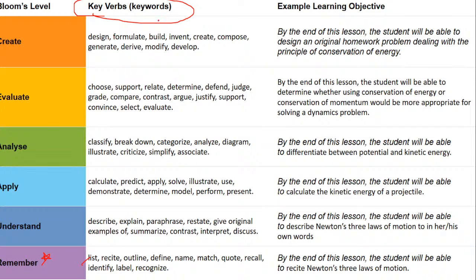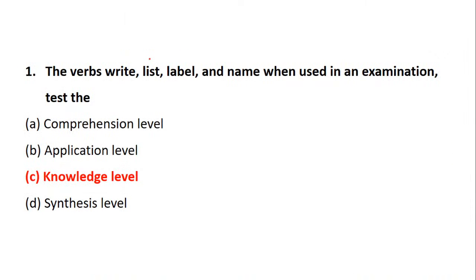This is very important, and the question comes from it. Verbs such as listing, naming, labeling, recognizing, identifying talk about remembrance, that is your knowledge level. So the verbs write, list, label, name fall in the knowledge level. Is it clear?